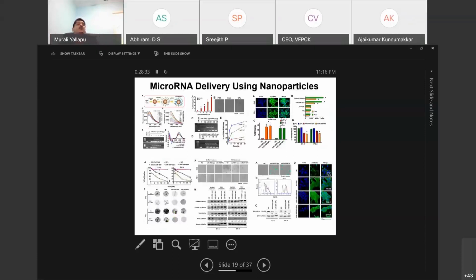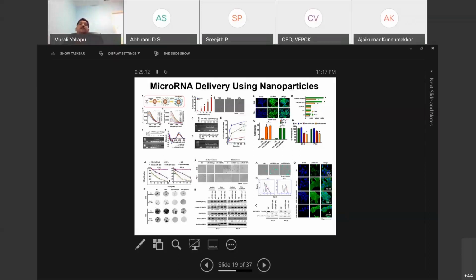So how about we use any microRNA or any other biomacromolecules using the same nanoparticle formulation that we developed? This data clearly suggests that we are still able to deliver microRNAs more efficiently, because if you deliver these microRNAs as such, they won't be able to go inside the cells unless you use some type of agent that can deliver them.